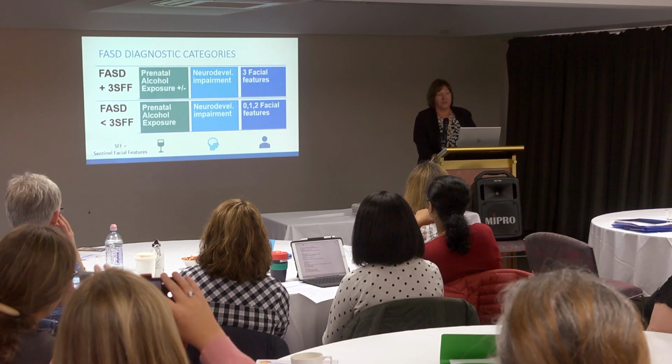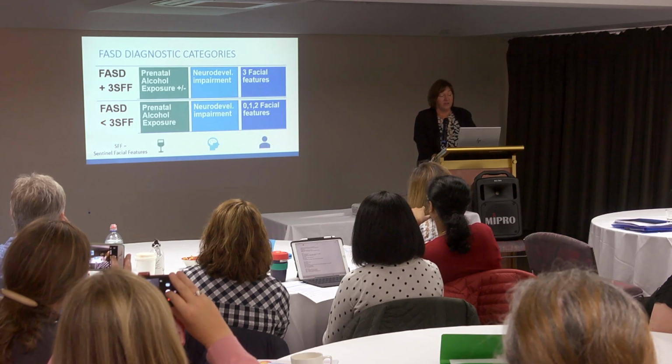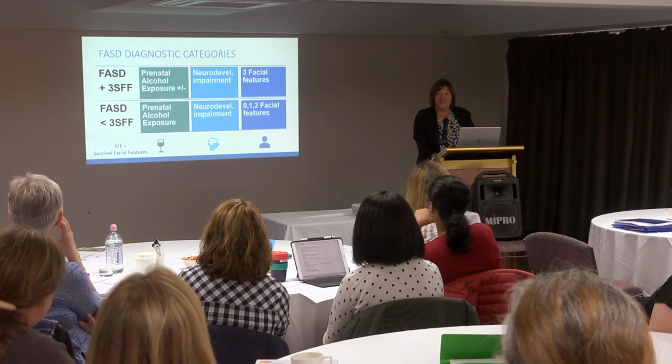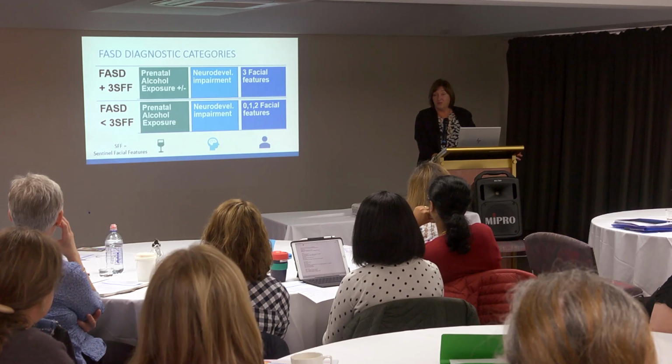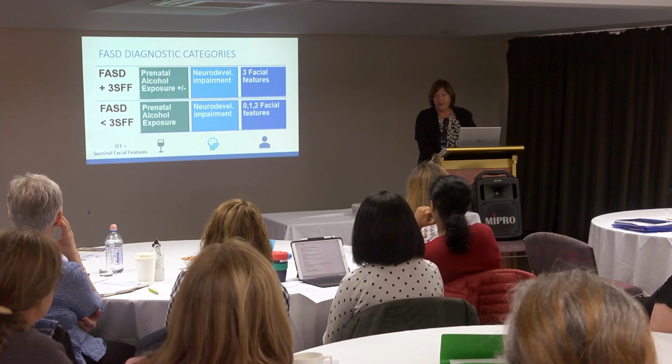If they have the 3 facial features, they fulfil criteria for fetal alcohol spectrum disorder with the 3 sentinel facial features. So we've really simplified this so that we're calling the diagnosis fetal alcohol spectrum disorder, and we're acknowledging that it either does or doesn't have these 3 sentinel facial features. So FASD with 3 sentinel facial features is what we used to call fetal alcohol syndrome.